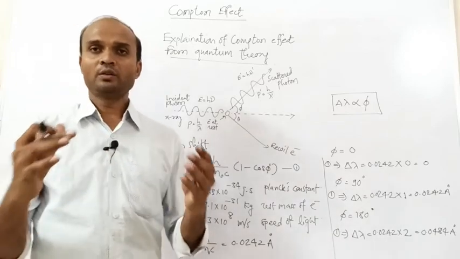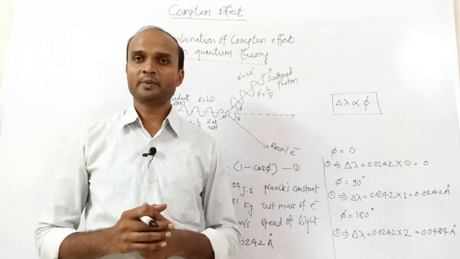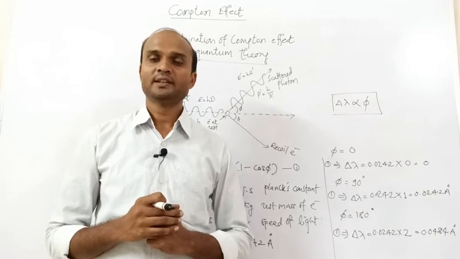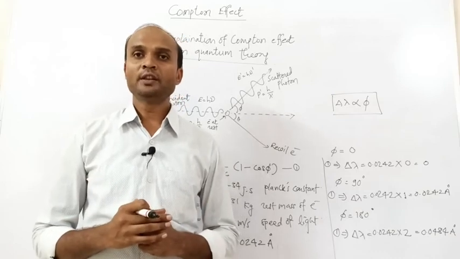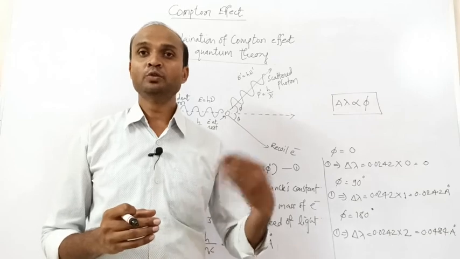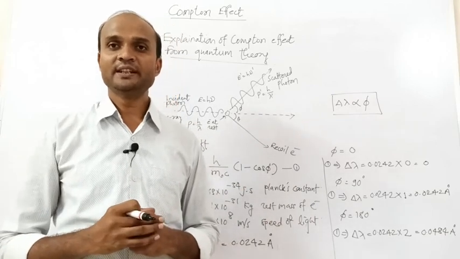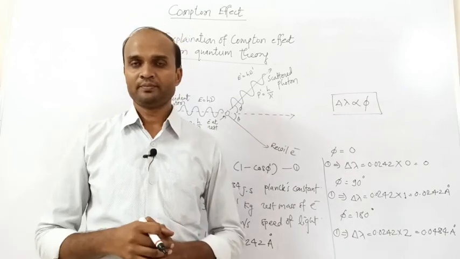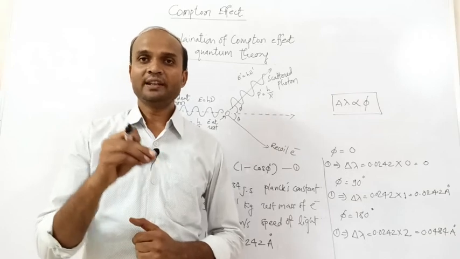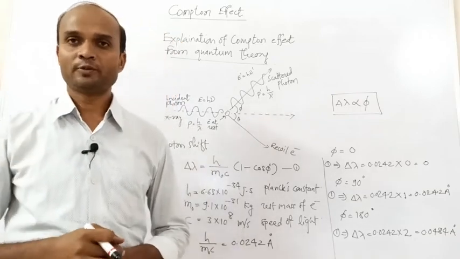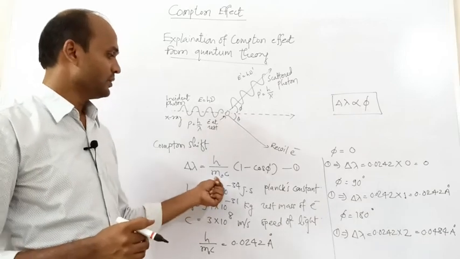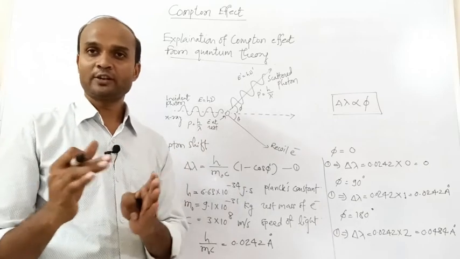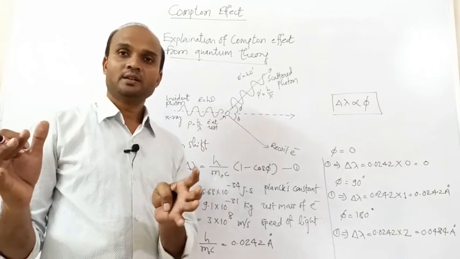Along with the electrons present in the outermost orbit, which are loosely bound, there are certain electrons which are tightly bound with the nucleus, and it is not necessary that all the photons will interact only with loosely bound electrons. There is a possibility that some photons will interact with a tightly bound electron, and when that photon interacts with an inner tightly bound electron, then in this equation we have to replace the mass of the electron by the mass of the whole atom, because that electron is tightly bound with the nucleus.